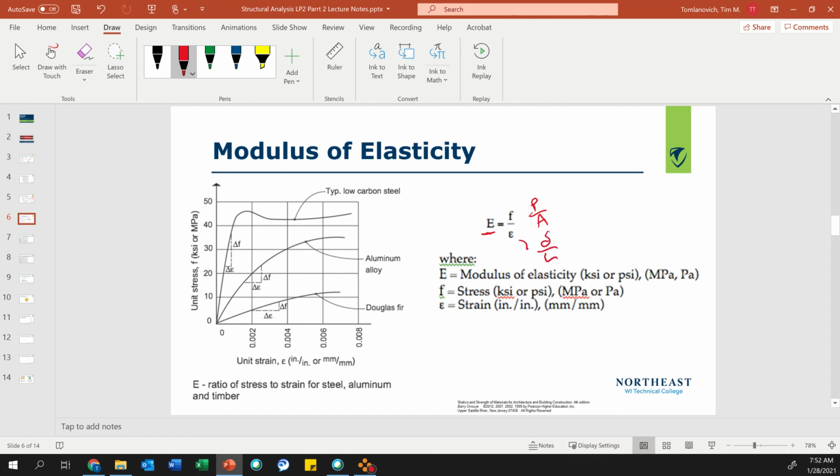And that determines our modulus of elasticity. That's an important design property. When you look at Doug fir here, it's a lot smaller than steel or aluminum. Every material has its modulus of elasticity, so you need to find that from design manuals.